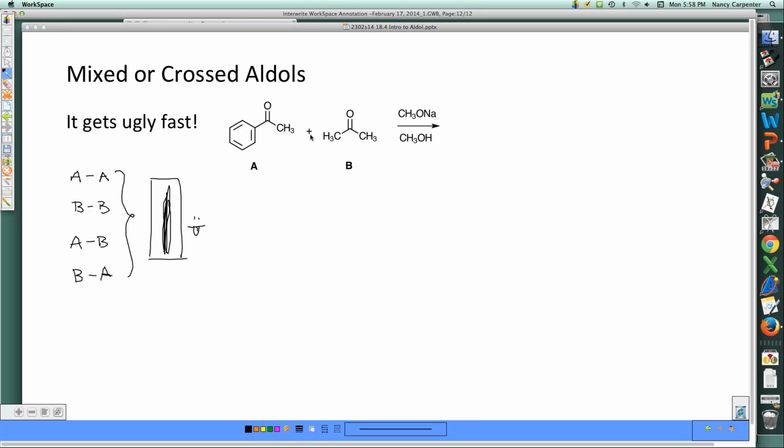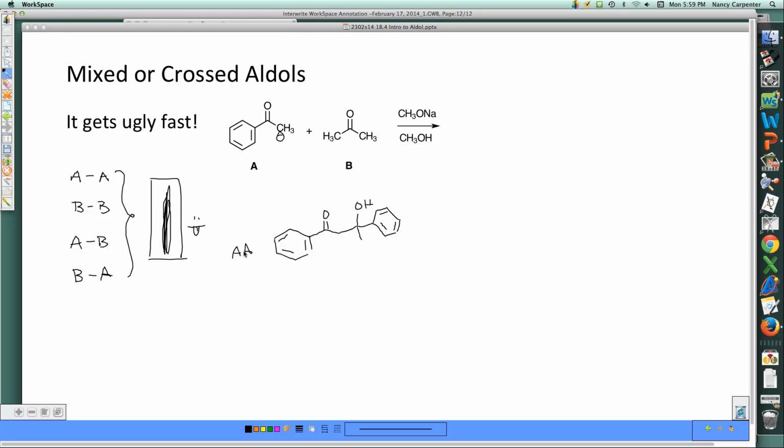So let's look at what A and B really would be. A and A, that would be the reaction of this enolate with another molecule of this ketone. So that's going to give me that product. Okay.